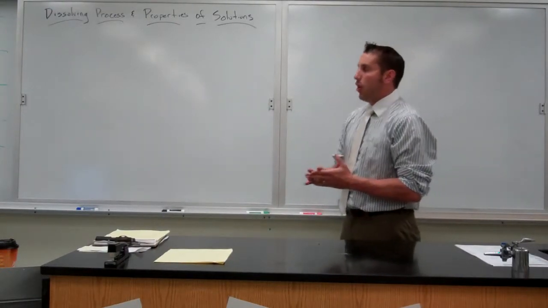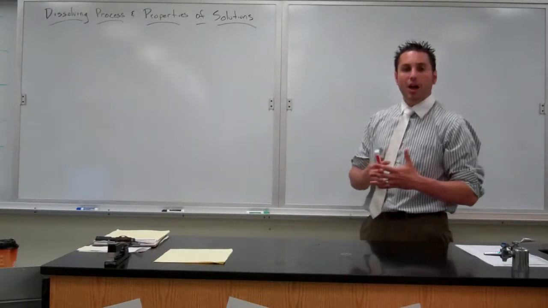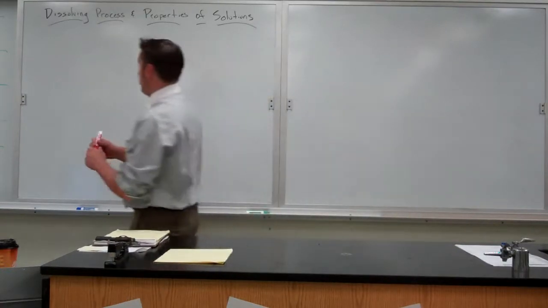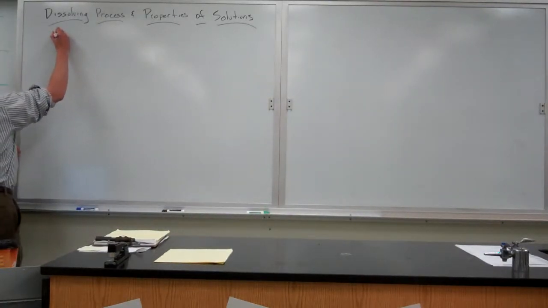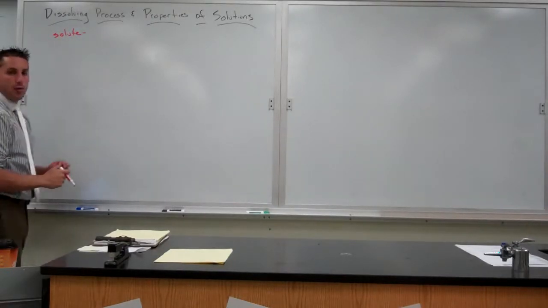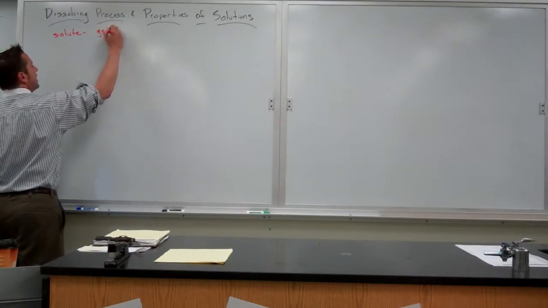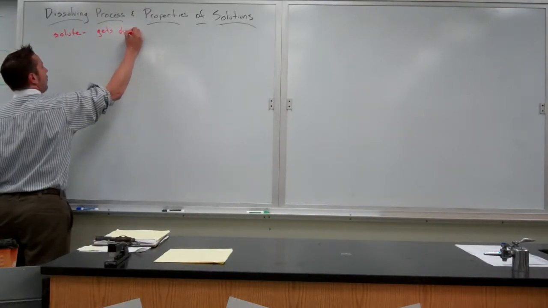When something dissolves, we have to talk about terms. One of the terms that we're going to talk about is the solute. If you remember, the solute is the thing that gets dissolved.